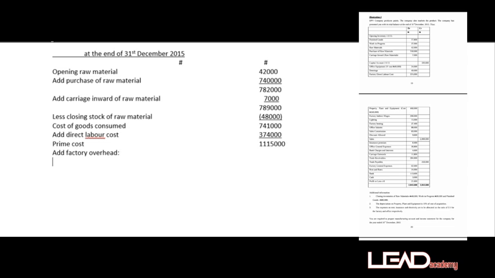Next is our factory overhead. So our factory overhead is our factory general expenses. Those expenses in our question that has factory and indirect included in front of it. And when you get to additional information, they are apportioned 2:1, whereby they apportion 2 out of 3 to factory and 1 out of 3 to office.